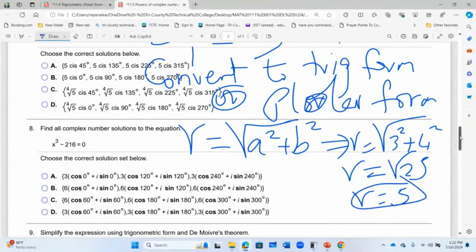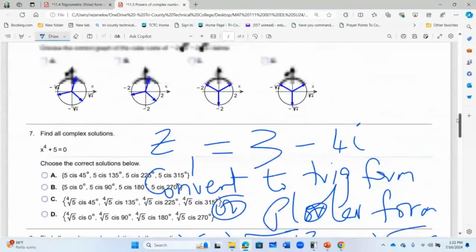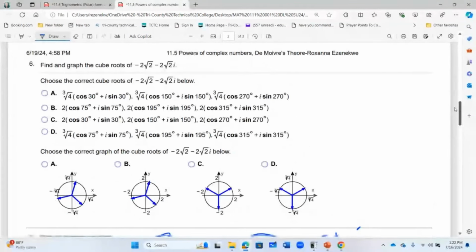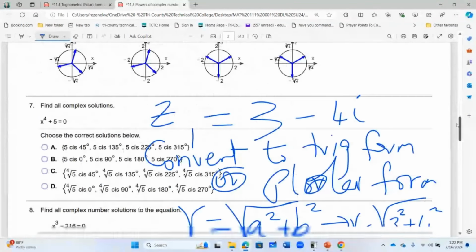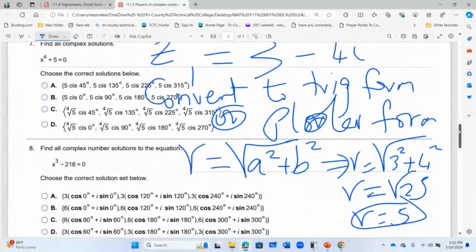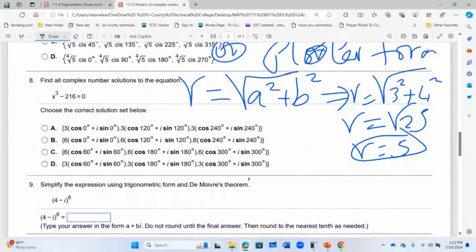All right. Now that we have R, we want to find the angle. What is the angle? The angle is tangent inverse of y, the coefficient of the imaginary part, over the coefficient of the real part.